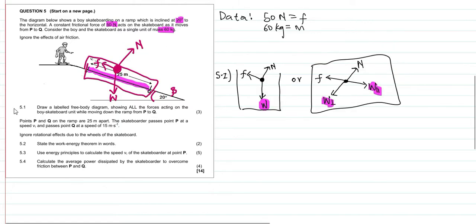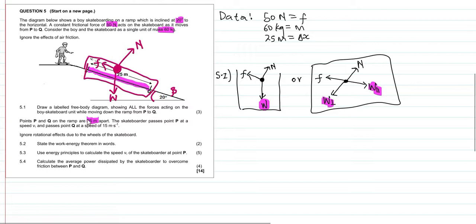Let's continue. Points P and Q on the ramp are 25 meters apart. So we can add on our data that our change in X is 25. The skateboarder passes point P at speed V initial.